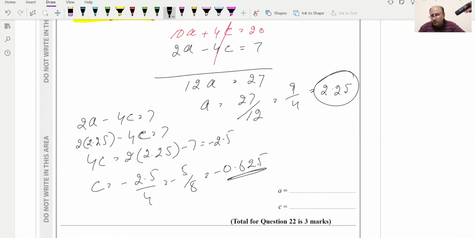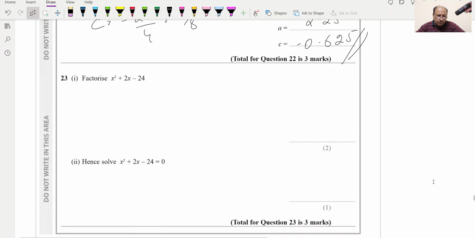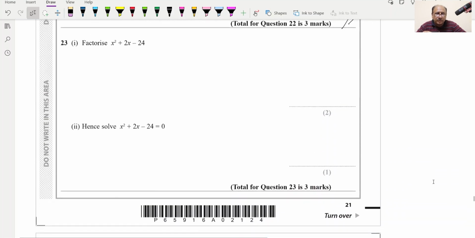So the a value is 2.25 and the c value is minus 0.625. These are the two values, which you can mention in fraction also. Fraction or decimal, it makes no difference.